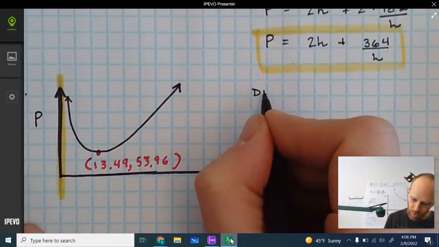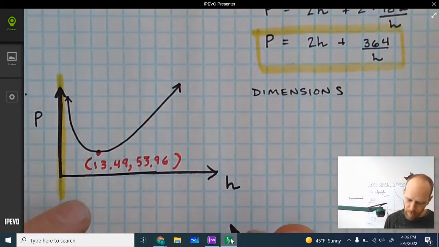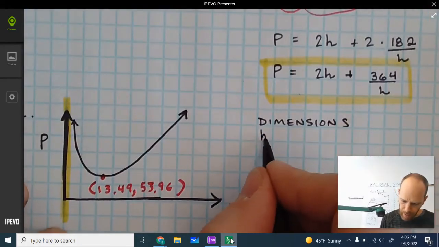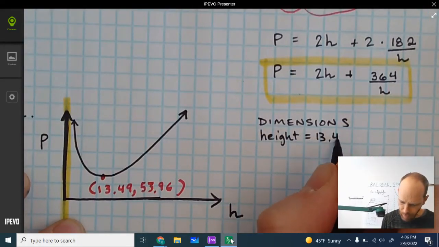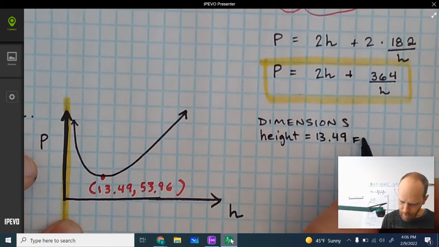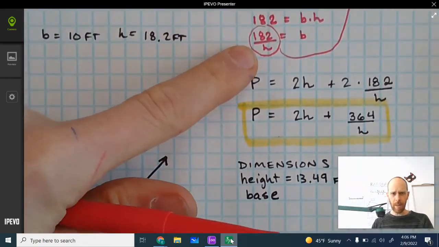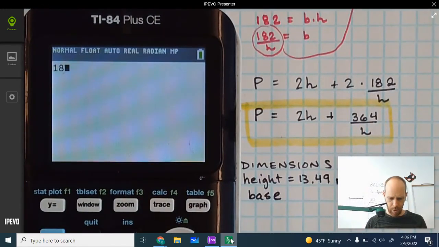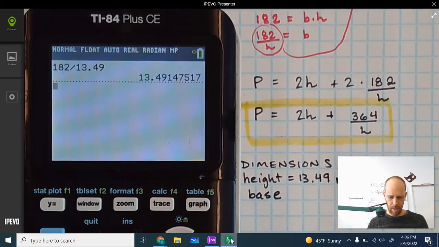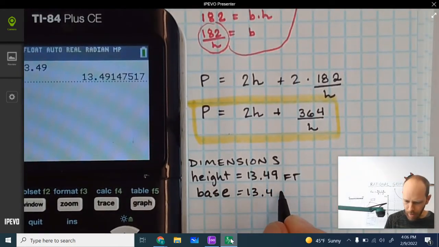So our dimensions would be the height is 13.49 feet, and the base would be, using this equation right here, equal to 182 divided by 13.49, which gives us, hey, what do you know? 13.49 feet.